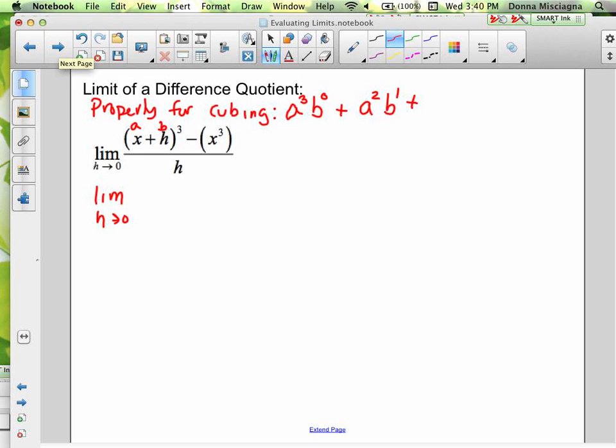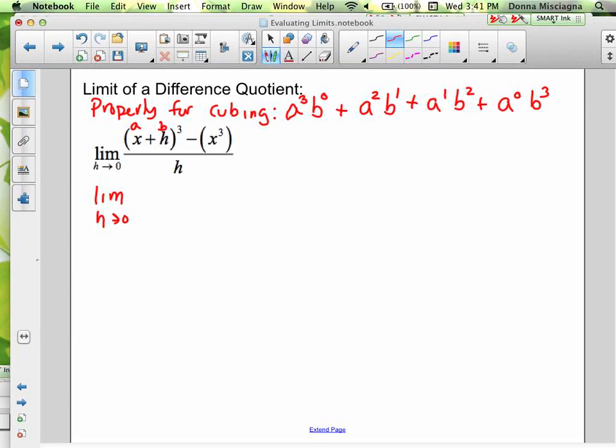And then plus a to the first, b squared, and then a to the 0, b cubed. So look what's happening, right? One's going down in the exponent while the other one goes up. So we can use that handy dandy little property. I recommend you write both those properties down, if you don't know the property for the squares, and if you don't know the property for the cube, so you have that handy next time you have to cube something.